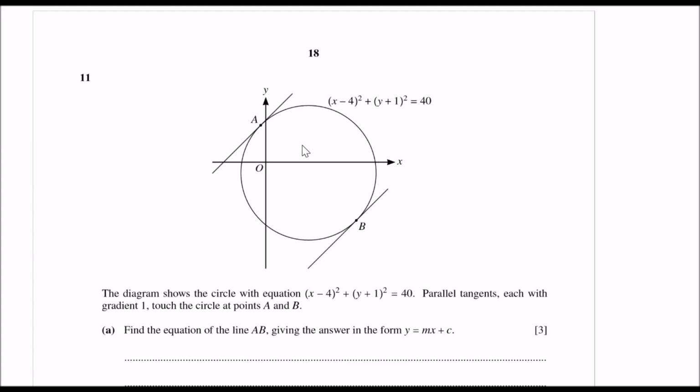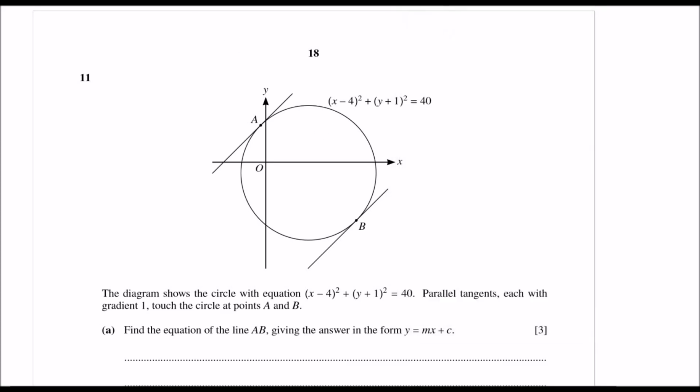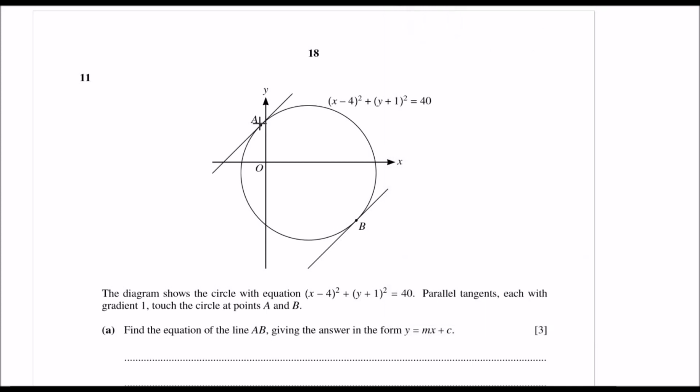See, so to find the equation of line AB, what we can do, let me draw the line AB here. One second, try to draw. So if you join A to B, just a moment.